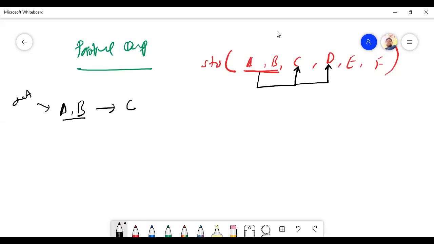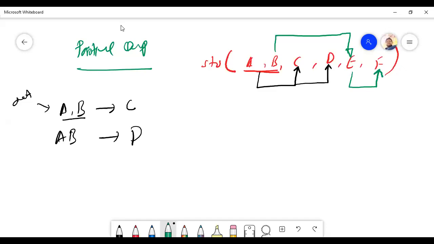This is composite primary key. You can see underline A and B. So another one, A, B, D. Right.